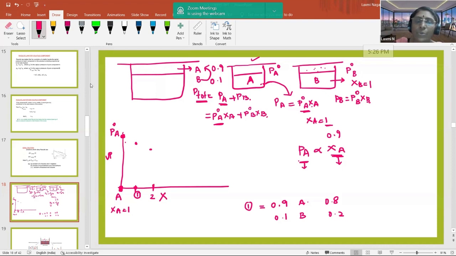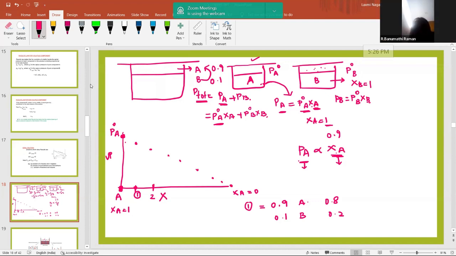As I keep doing this, I get a point where the component A is 0. If chi A is 0, what is PA? Chi A is substituted as 0. What will be PA? It will also be 0, no?